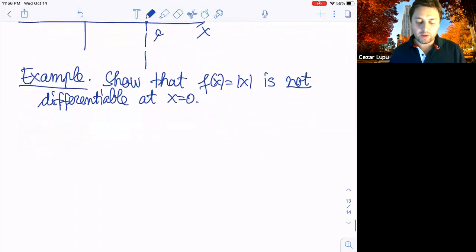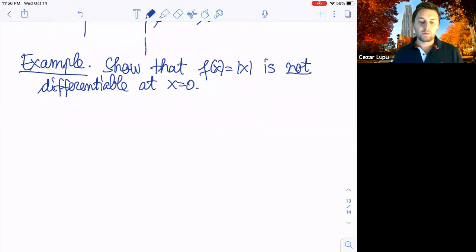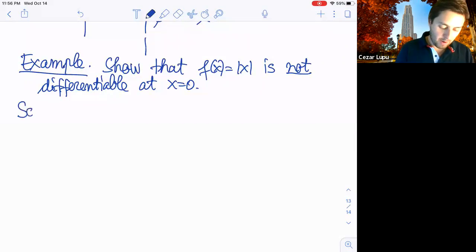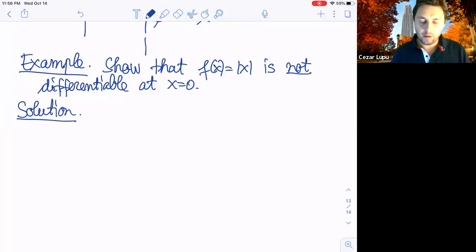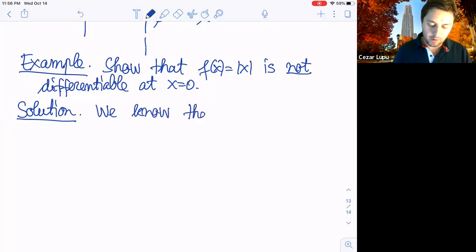All right, so let's look at this example. So in other words, we need to test the derivative at 0 to see what's going on. So keep in mind that the derivative of f is nothing else than just the limit of the difference quotient.